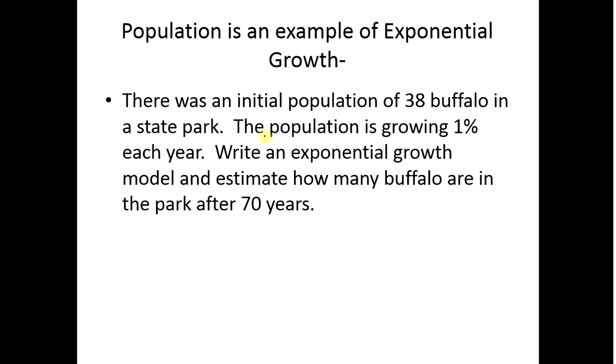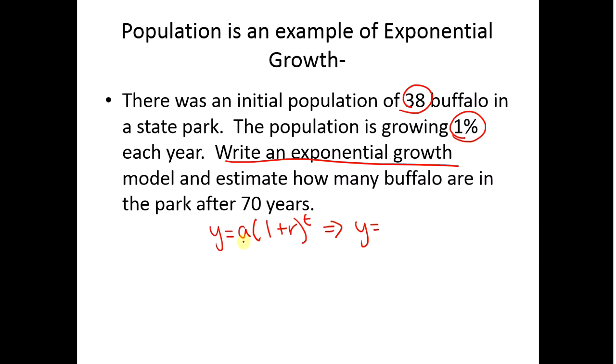So, very first thing, we need to write our model. We have 38, we have 1%, right? That's all I need. So I have y equals a times 1 plus r to the t. Y equals my initial amount. How many buffalo did I have initially? 38.